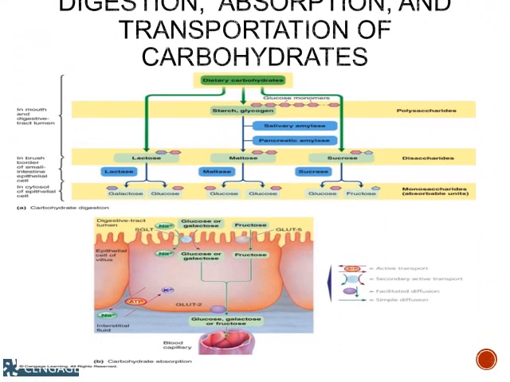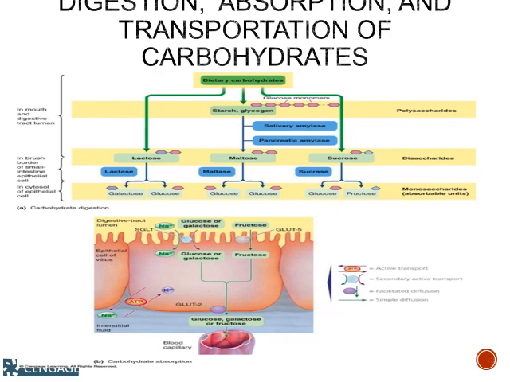The digestion and absorption of carbohydrate is illustrated here in this top picture. Green shows the dietary carbohydrates that we can consume. Starch is broken down into glucose in our body with the help of the enzymes salivary amylase and pancreatic amylase.